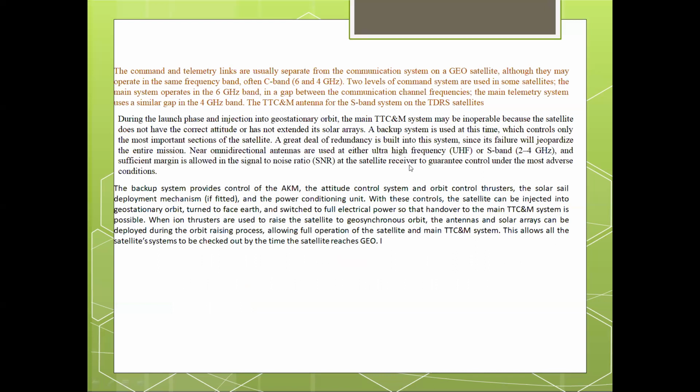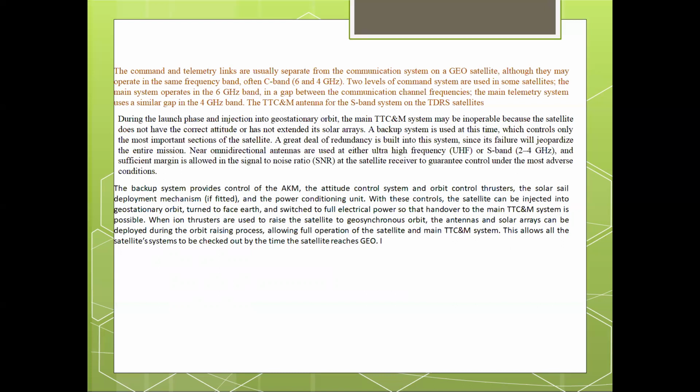Another important function performed by this command block applies if our satellite is operating in a particular band. Let's say, on the slide I am mentioning 6 gigahertz to 4 gigahertz.